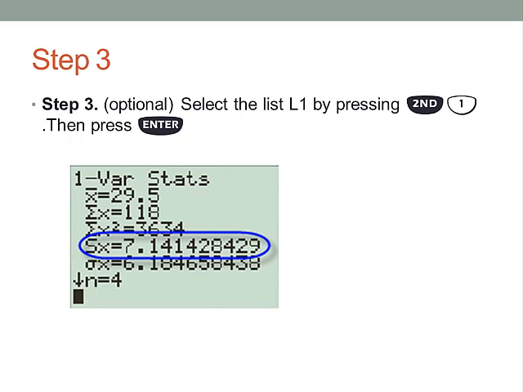Step 3, when we press that, you may want to select the list L1. You don't have to. You can just press 1-Var Stats and press enter. Once you press enter, here is our sample standard deviation, about 7.14, the same thing I obtained when I did it by hand.